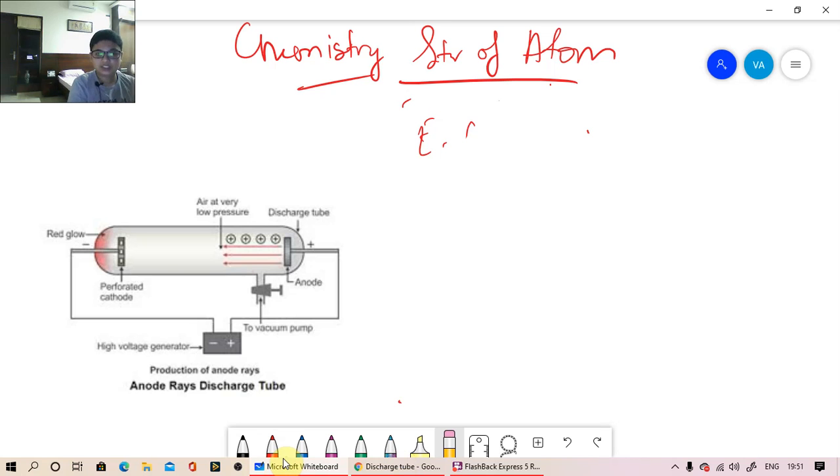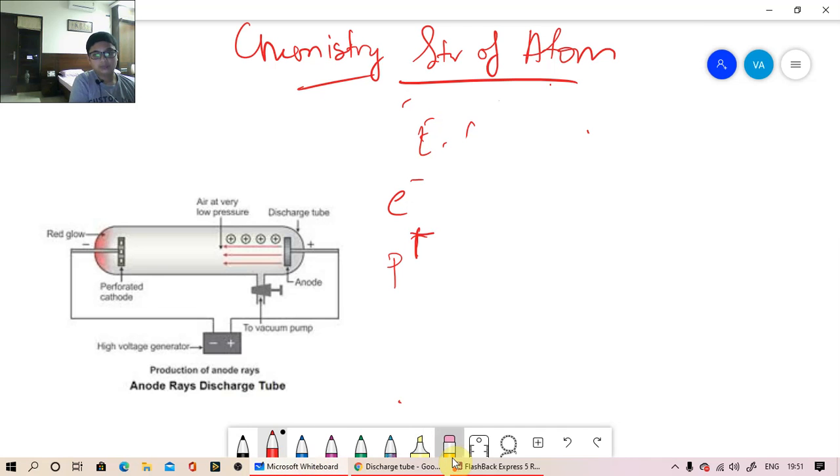The same thing, ionization of gas. In the cathode ray experiment, the rays moved from the cathode towards the anode and hit the zinc sulfide screen, showing the presence of negatively charged particles called electrons. And here the anode rays moved from the anode and hit the zinc sulfide screen to show the presence of positively charged particles called protons.